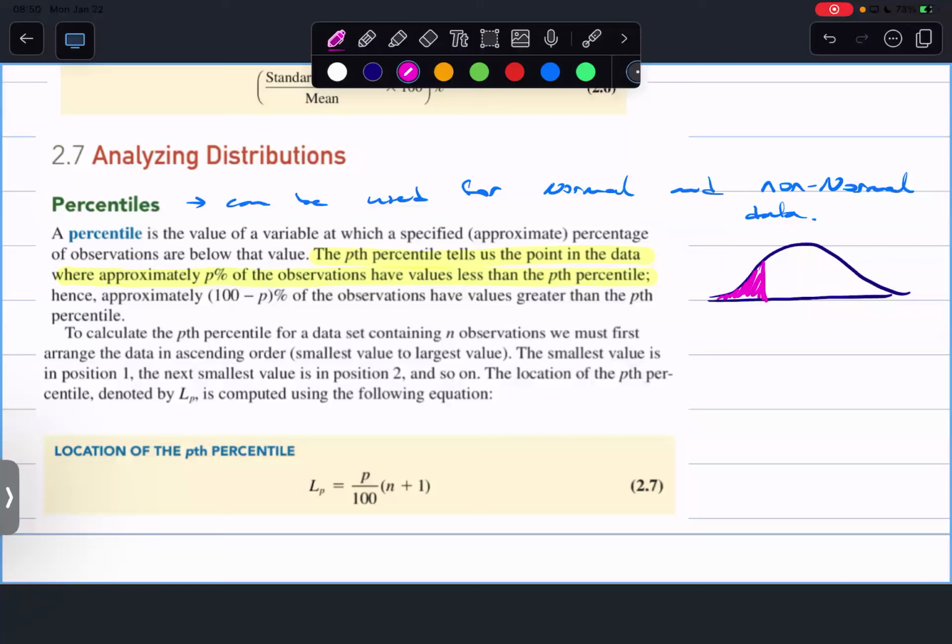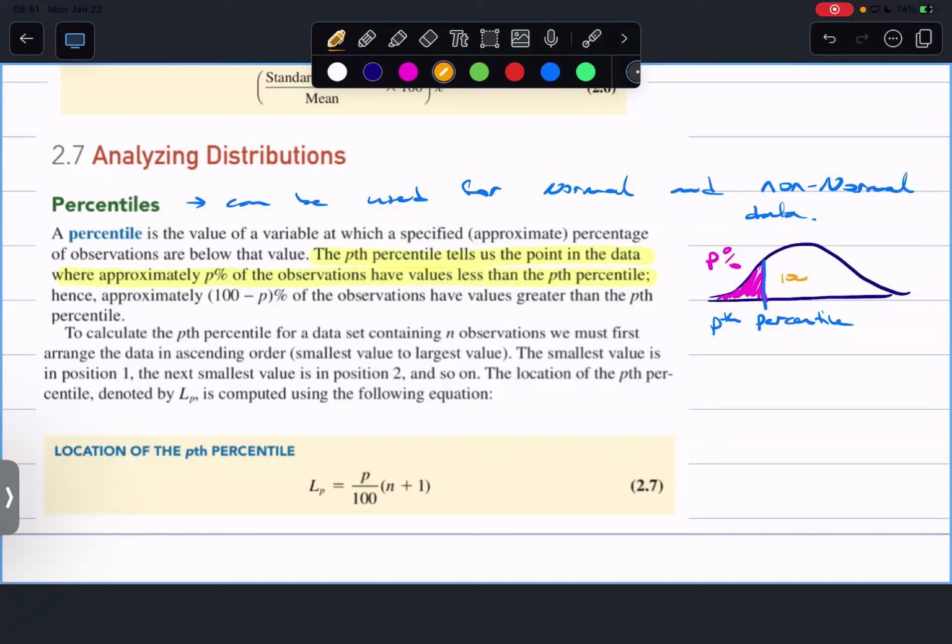I've got bars of data. If I talk about some percentage below some point, I'm forcing this to be P%, and this point here is the Pth percentile, the value that separates the lowest P% from the upper 100 minus P%.